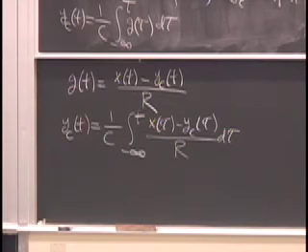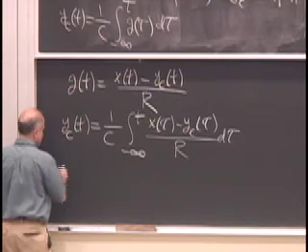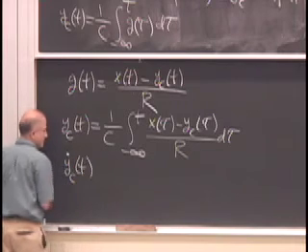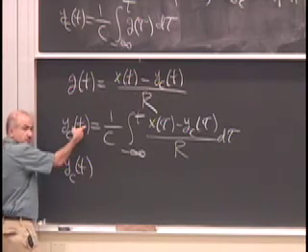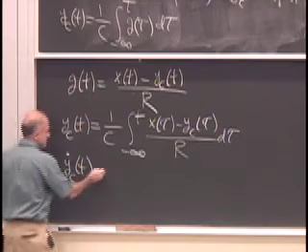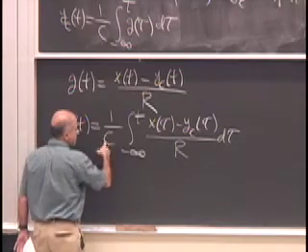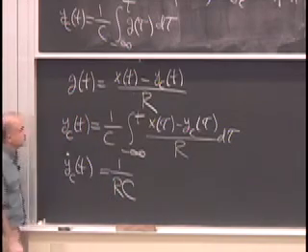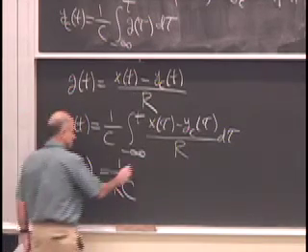How do I get a differential equation out of this? Take the derivative of both sides. So on the left side, I have YC dot, which is the first order time derivative of YC. On the right-hand side, I have 1 over RC times what?